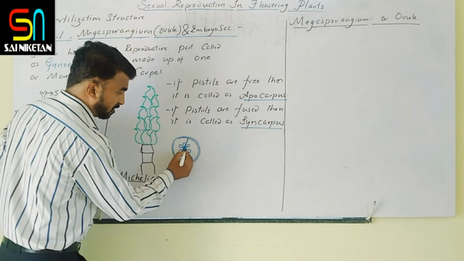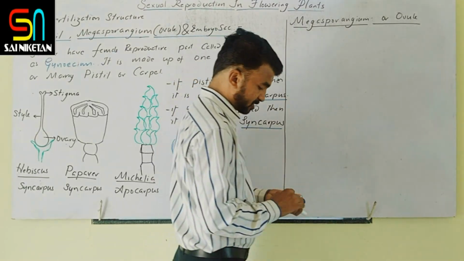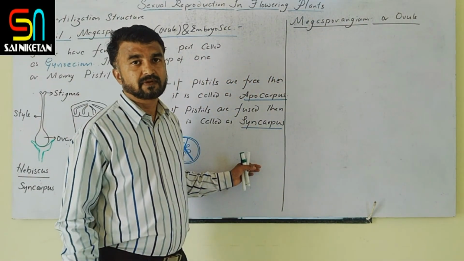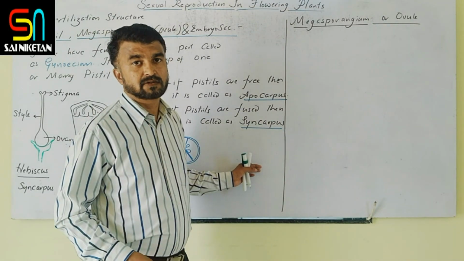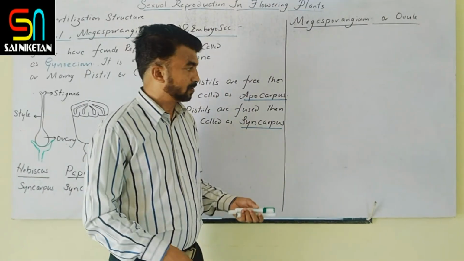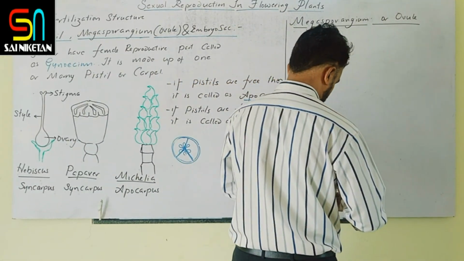Clear? So the figure I will draw, then I will give the explanation. So the figure is a very important one. It carries 5 marks. So you can draw it any way, inverted, or properly. So the proper figure is drawn.